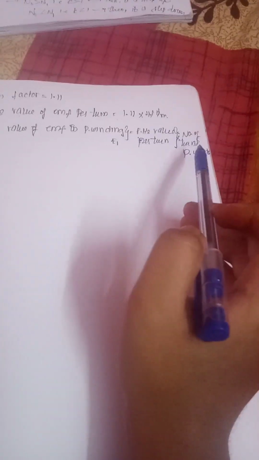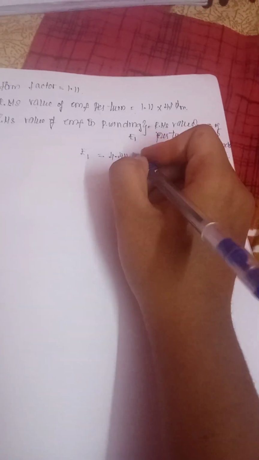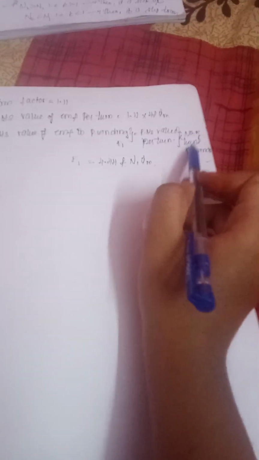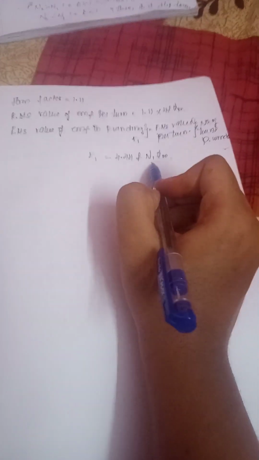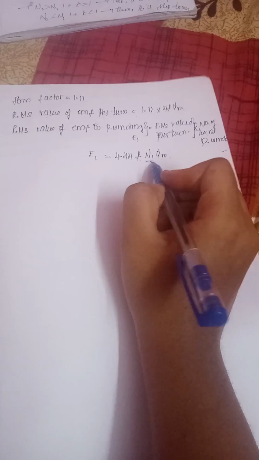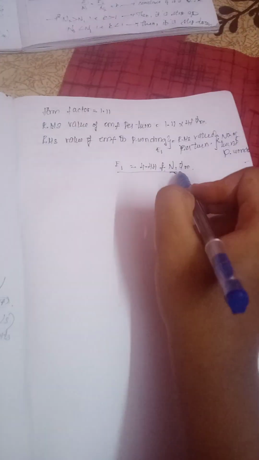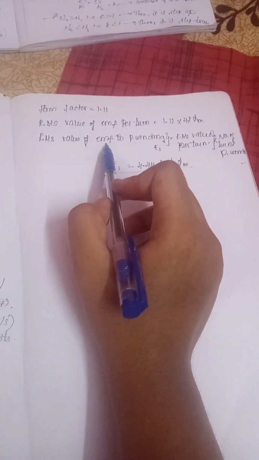So we multiply the RMS value per turn with the number of turns in the primary winding. Then E1 is equal to 4.44 f N1 phi m. The notation for the number of turns in the primary winding is N1. So after multiplying we get the answer. Now we have the induced EMF as an RMS value.